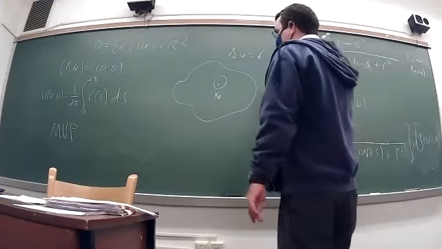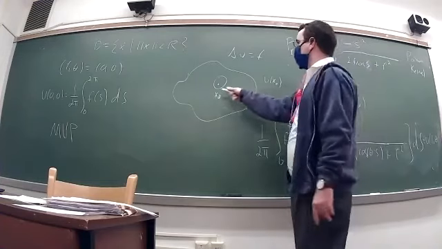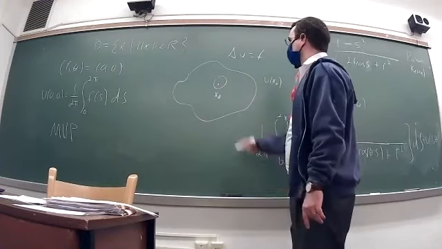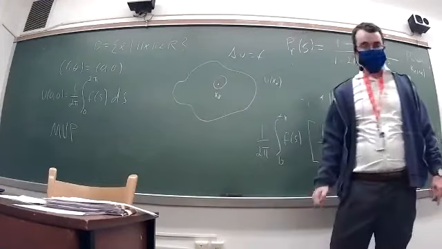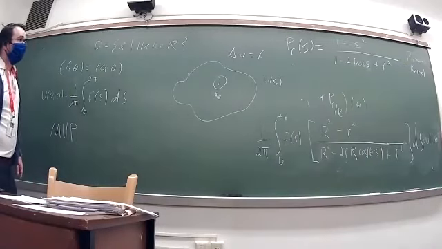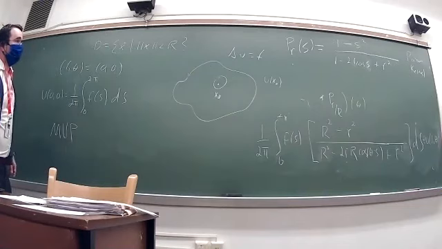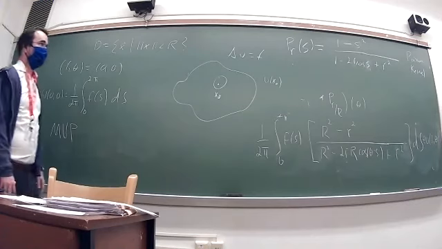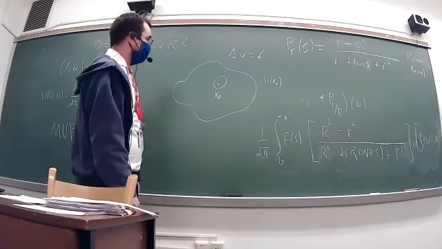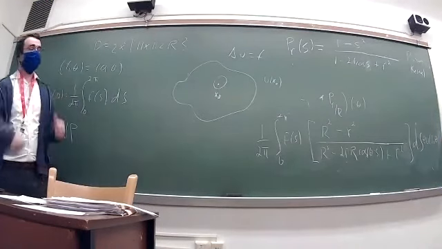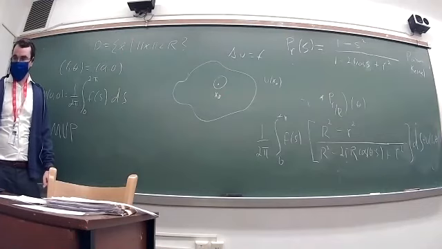U of x naught will always be equal to the average of u integrated around that small circle. So there's a more general version of the mean value property that you learn in advanced classes, but it makes total sense. If you're at that steady state solution where the heat flow has already settled down, it averages you out. So there's not like a heat discrepancy in any one direction that's pulling your temperature away from you.